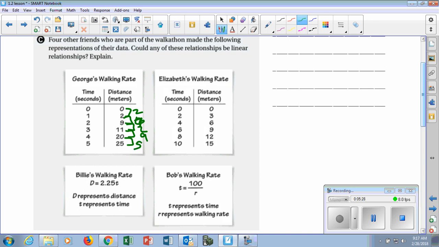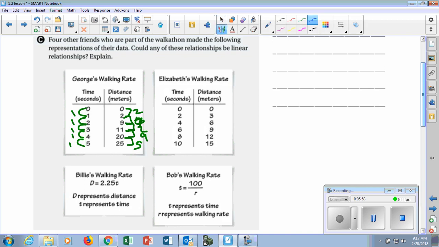And now let's just look at the left side. It goes up by 0 to 1. That's 1. Okay, those are going up by 1s, right? So we have 1 to 2. Second column, we have 1 to 7. We have 1 to 2, 1 to 9, 1 to 5. Based off of what Elena said, that right-hand side, that distance has to go up by the same amount each time. Well, Maria, based on that information that we know for a linear line, could this be represented as a linear line?